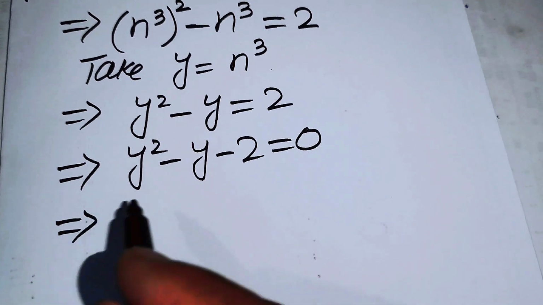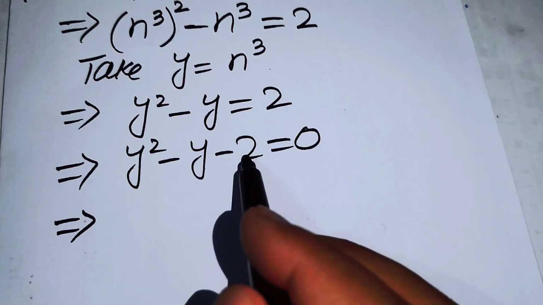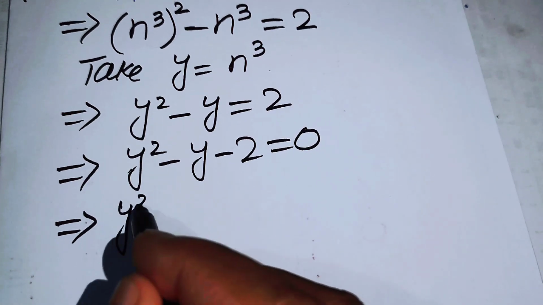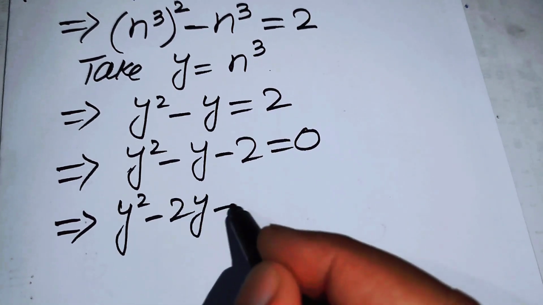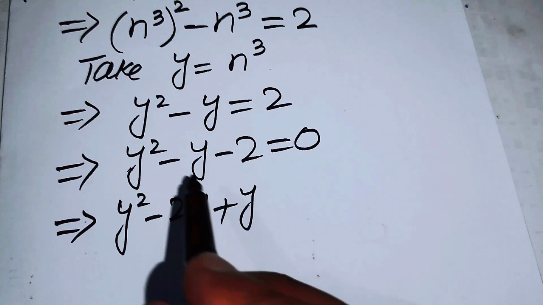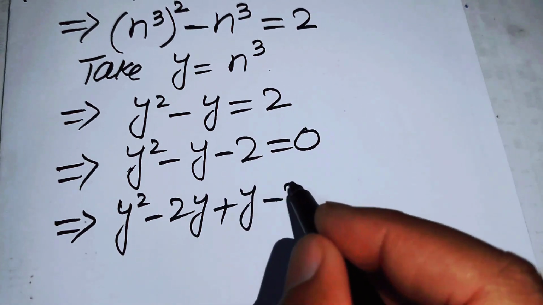Now we make the factors of this equation, so here we need two numbers whose product is minus 2 and whose sum is minus 1. So these numbers are minus 2y and plus y. When you add minus 2y plus y, you get minus y, and when you multiply these two, you get minus 2.